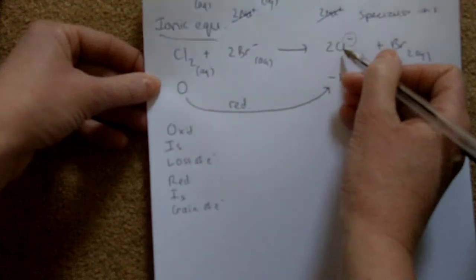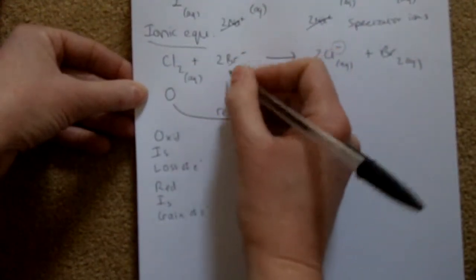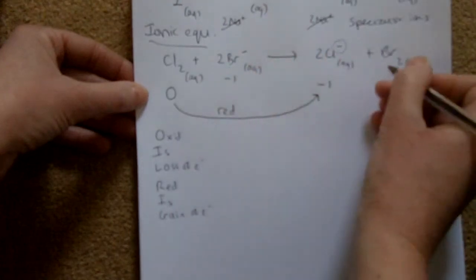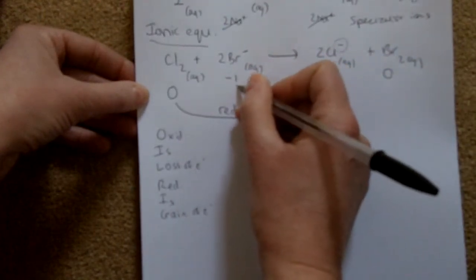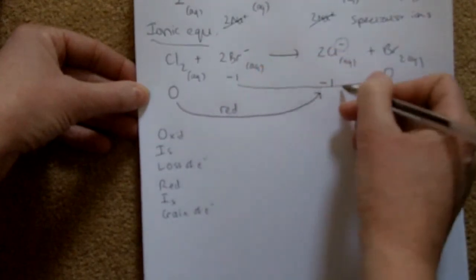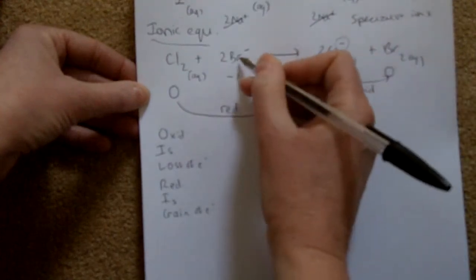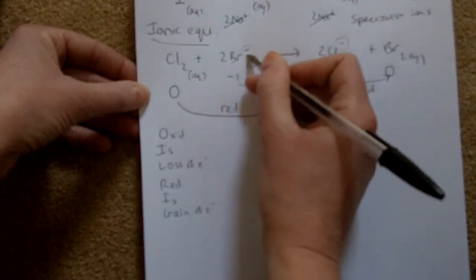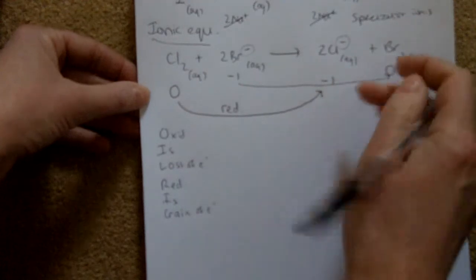Okay, let's have a look at the bromine. The bromine is -1 and becomes 0. So from -1 to 0, the oxidation number has increased, and that is oxidation. The Br minus has an electron, and then it has no charge, so it has lost the electron.